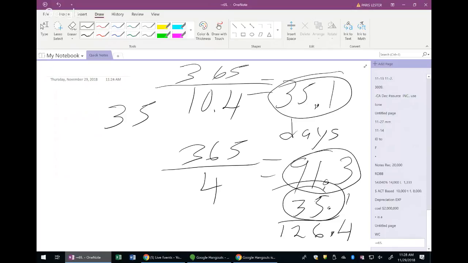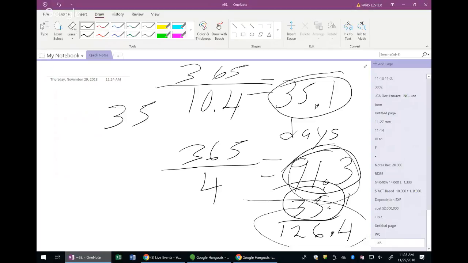Now, even though you've had this inventory for 91 days, you might not have paid for it till 30 days after you got it. So you still may not be out money for the whole 126 days, because you had accounts payable, maybe 30 days to pay. So you'd be only out about 100 days or whatever without receiving some kind of money. All right. So those are activity ratios.